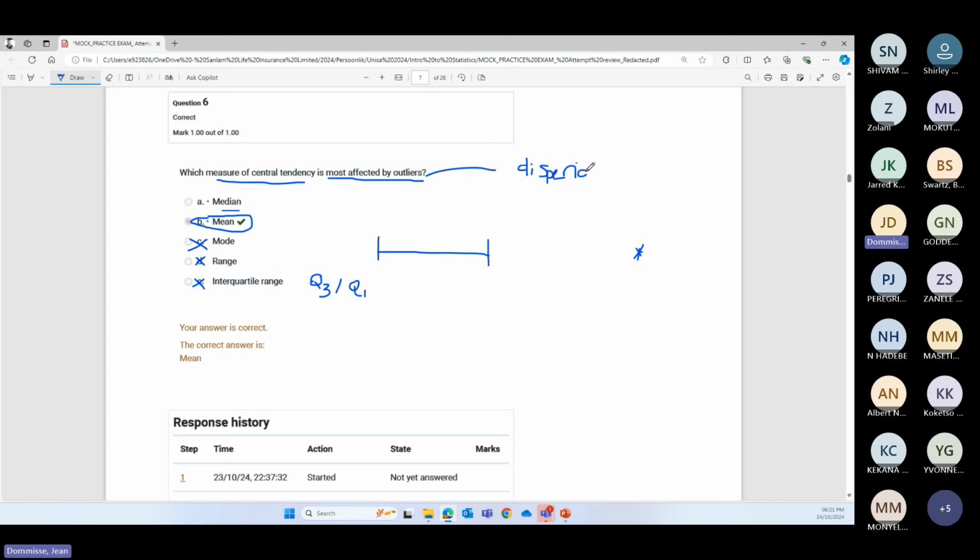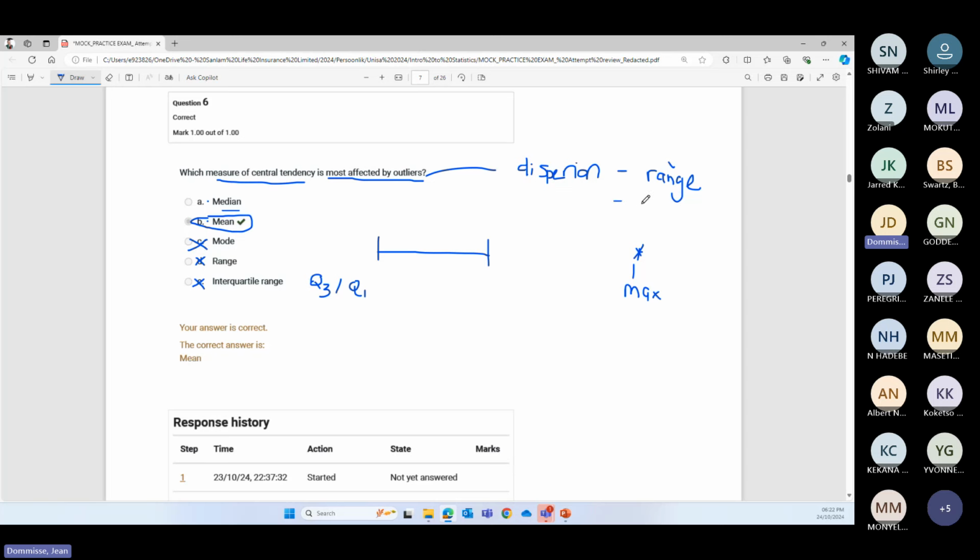So, dispersion. It will affect range, because range is maximum minus minimum. If you have an outlier, that will be your maximum, so it will have an influence on your range. Or if it is on the other side, it will be your minimum, so it will also influence your range.